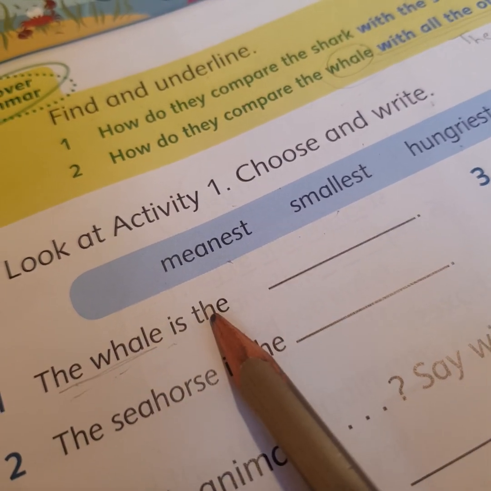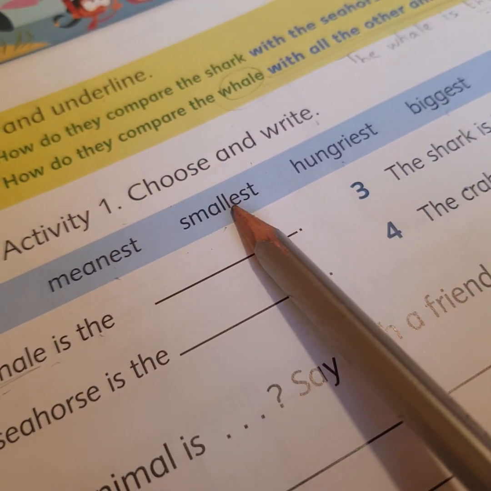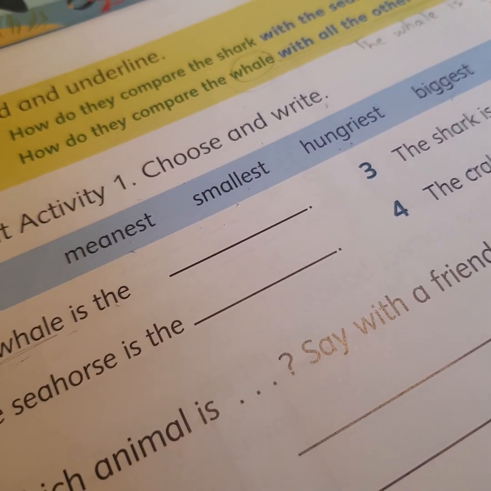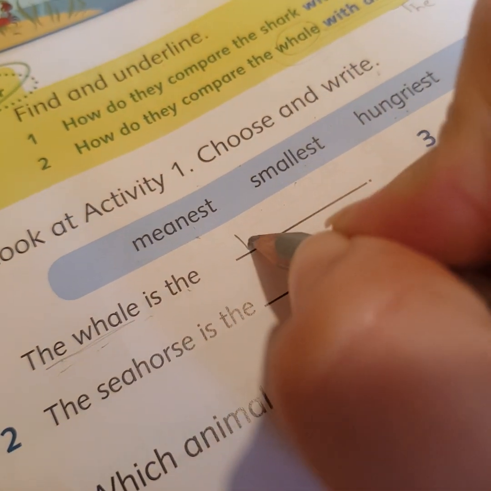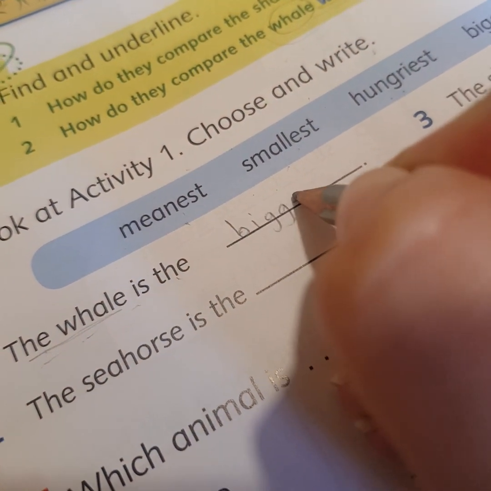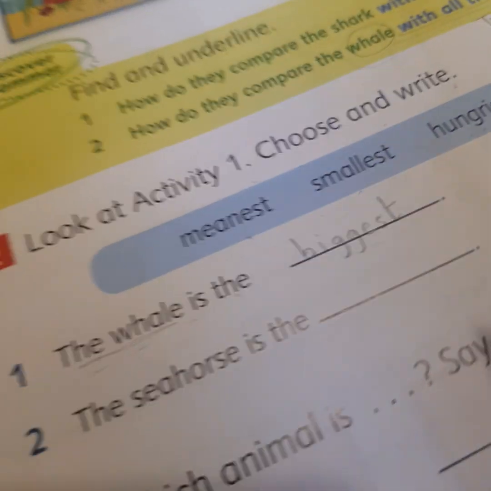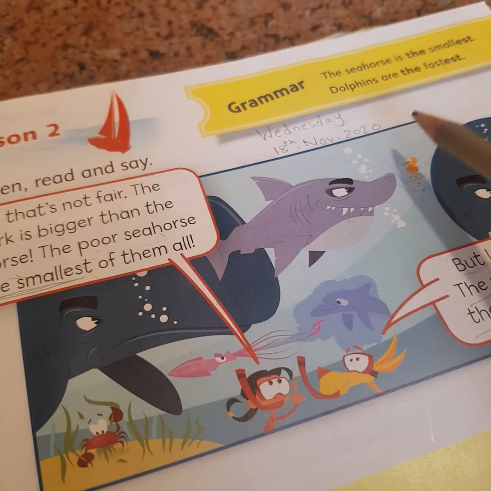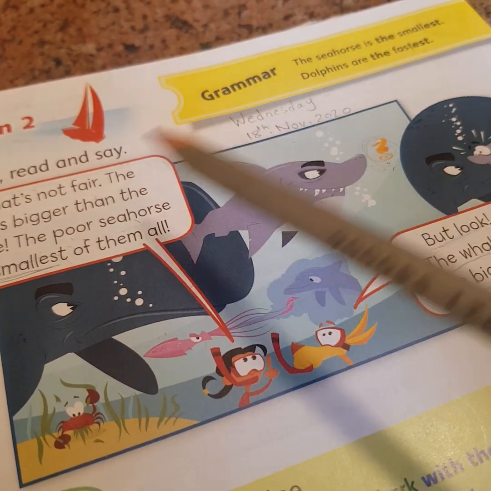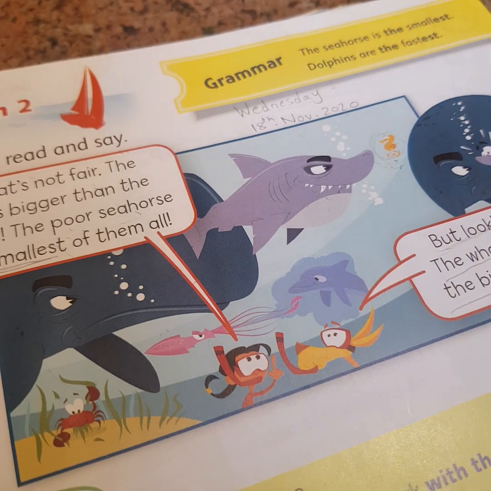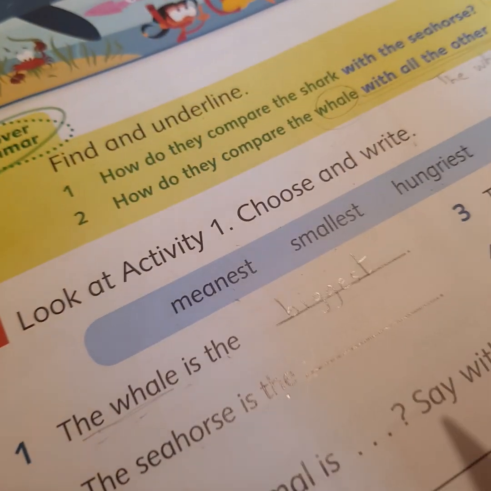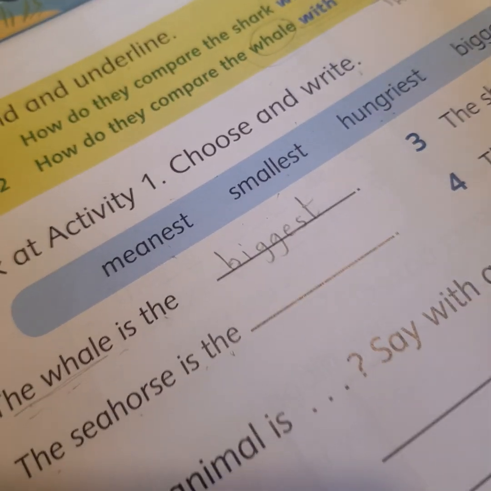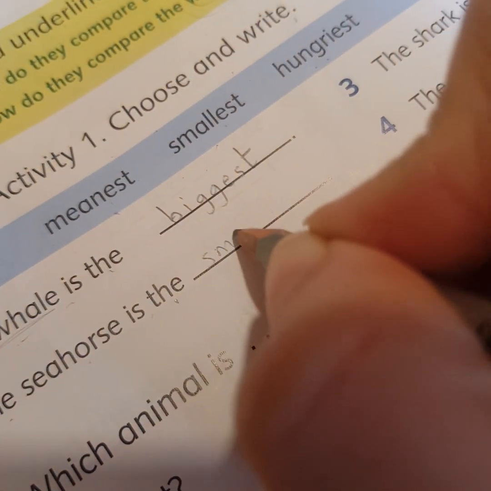The whale is the meanest, smallest, hungriest, or biggest? Yes, it's biggest. Okay, the seahorse is the what? Yes, the smallest. The poor seahorse. السيهورس المسكين هو the smallest.